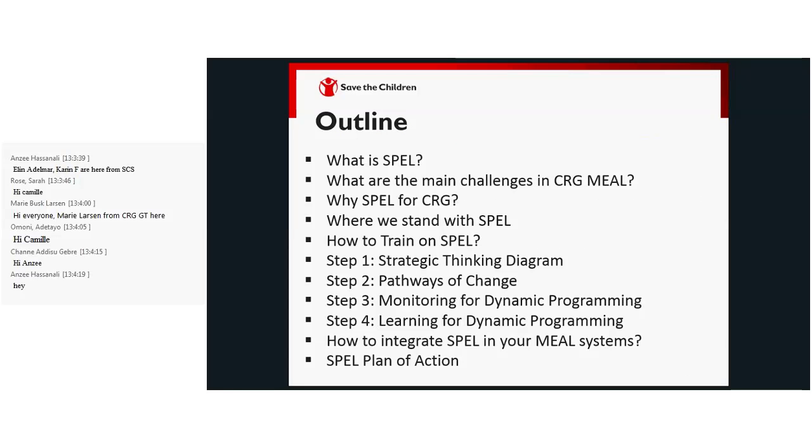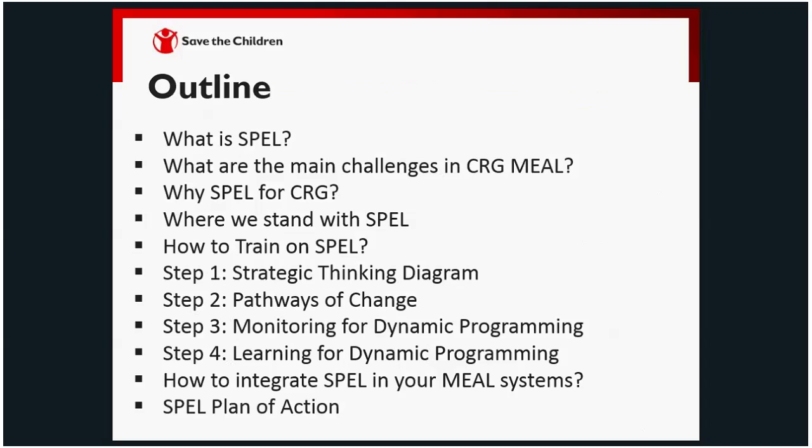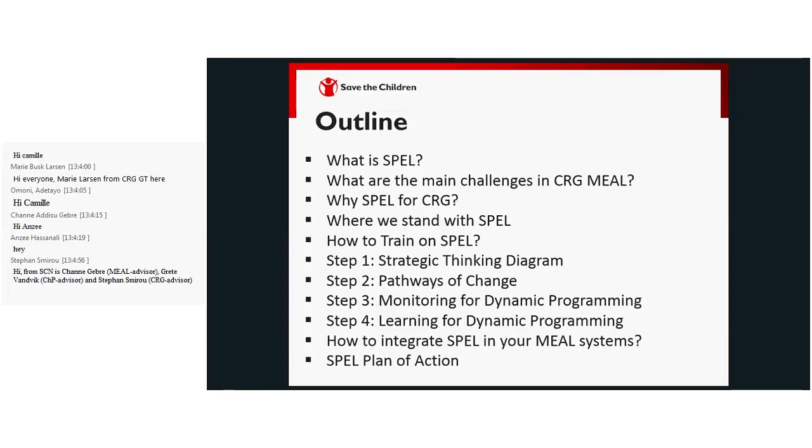Thank you. So here you have the outline of the presentation today. We will browse through together with you on what is SPEL, what are the main challenges in CRG MEAL, why SPEL for CRG, where we stand with SPEL, and how to train on SPEL. We will then dive into the various SPEL processes and tools.